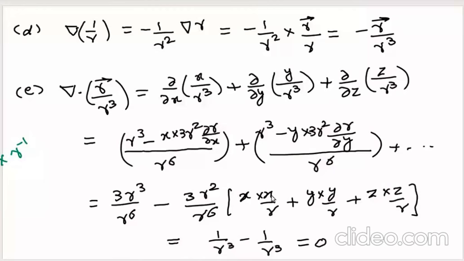Similarly, from here you will get y times del r by del y, again y by r, and similarly z by r. This is x square, this will be y square, and this will be z square. x square plus y square plus z square you can put as r square. So from here also you will get the same term, that is 3 by r cube. So you can cancel all these terms. You will get that the divergence of r vector by r cube is 0. Does anyone have a doubt here?